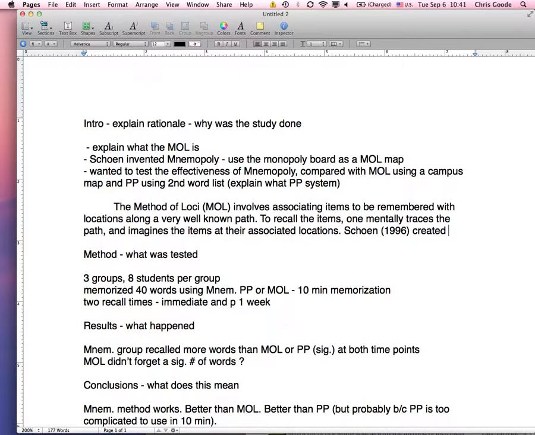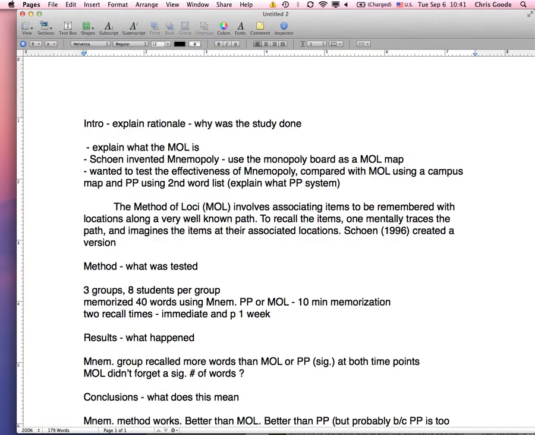He created a version, or modified the method of loci, by which a Monopoly board is used, or I'll maintain the same tense, was used as the map. Or no, it's not a map, it's a path.